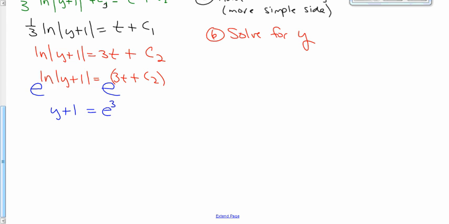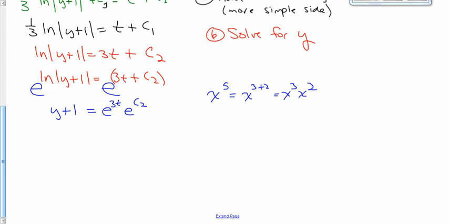And let's talk about this. This is e to the 3t times e to the c2. That's really what I'm doing when I add those exponents. If I had x to the 5th, that's the same as x to the 3 plus 2, which is the same as x cubed times x squared. So that's the idea I've used here.